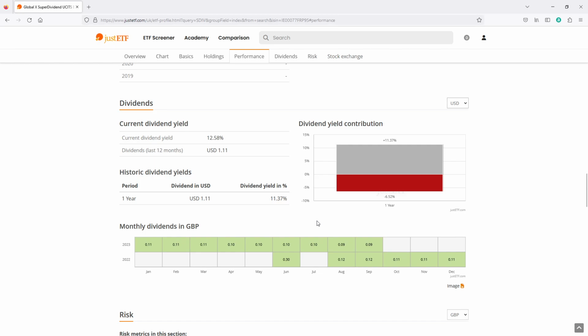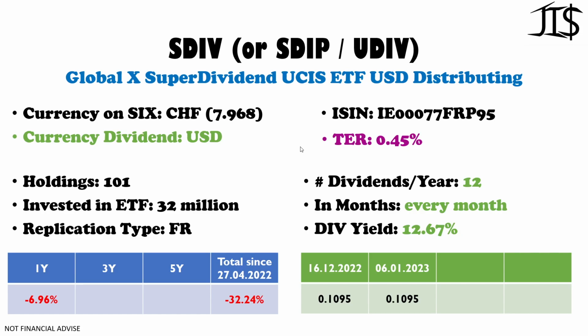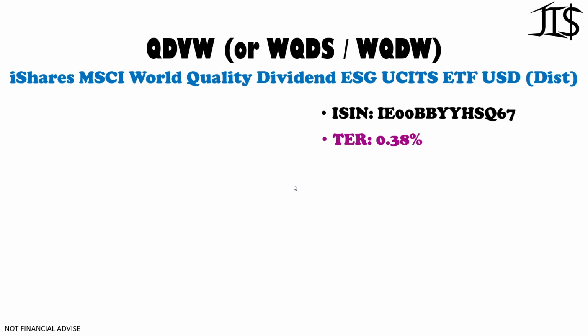So it pays out a really high dividend, and I don't like these kinds of ETFs because it looks like a dividend trap. You get a high return, but your money is just going away because the price of the ETF keeps dropping. So I'm not too keen on this one.